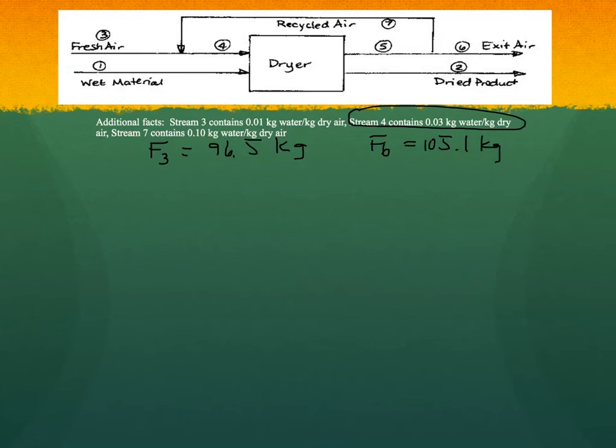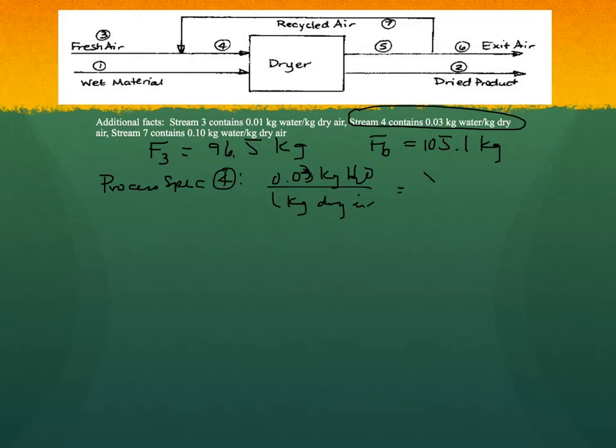Because what I know is that the process spec for stream 4 is 0.03, and that was the one I was trying to use earlier, right? Kilograms of water per kilogram dry air.